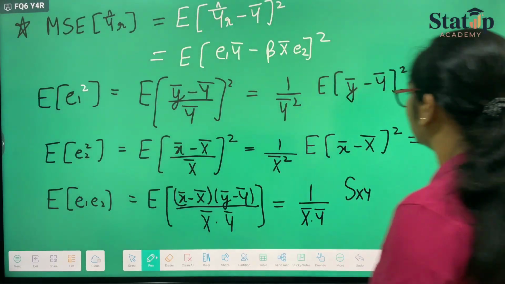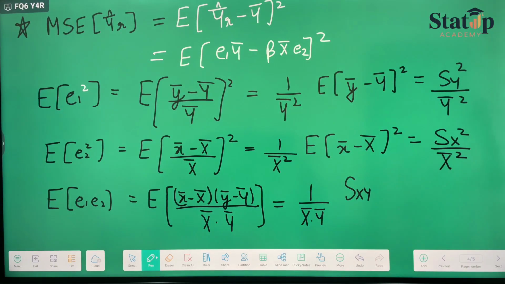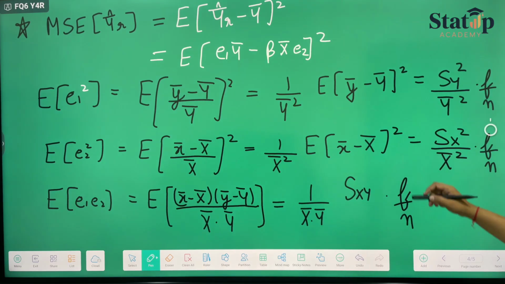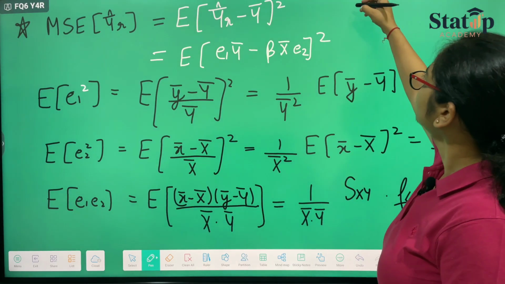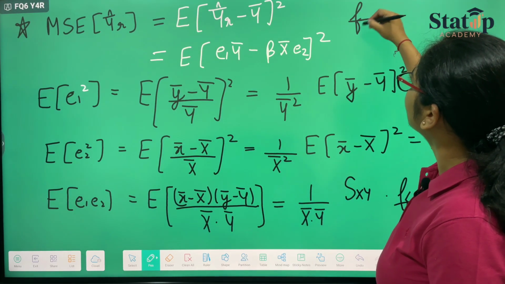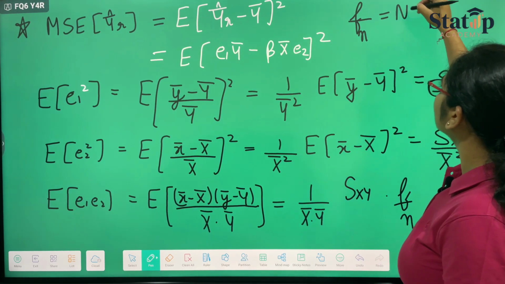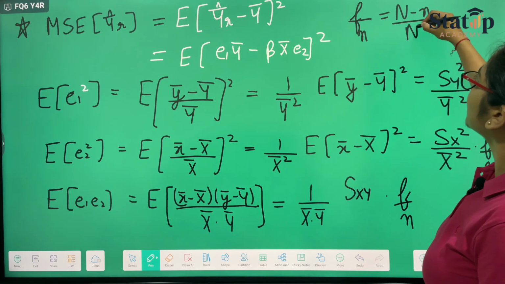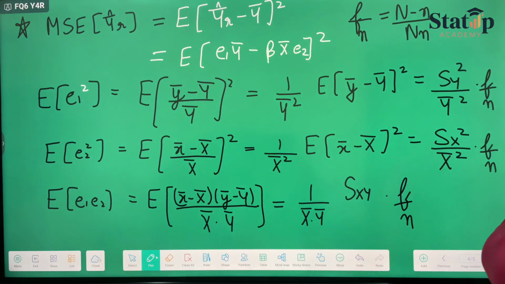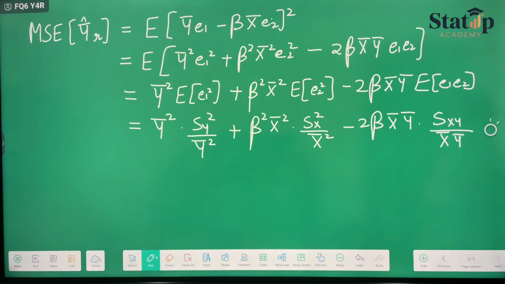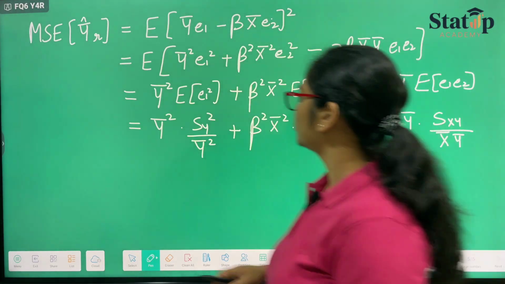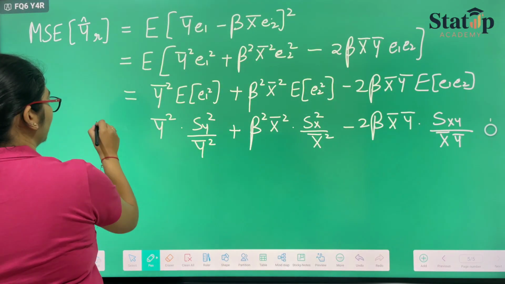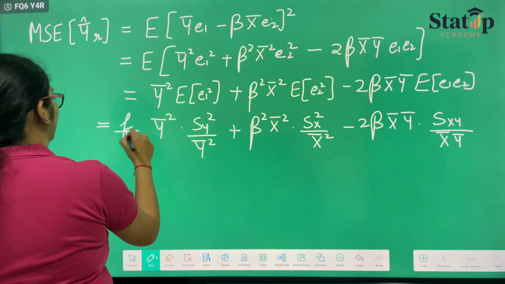Now there is one more thing that should come here, which is to multiply it by f by n, where f by n is what we get if we take the sample from simple random sampling without replacement. So I am pre-multiplying all of it with f by n.